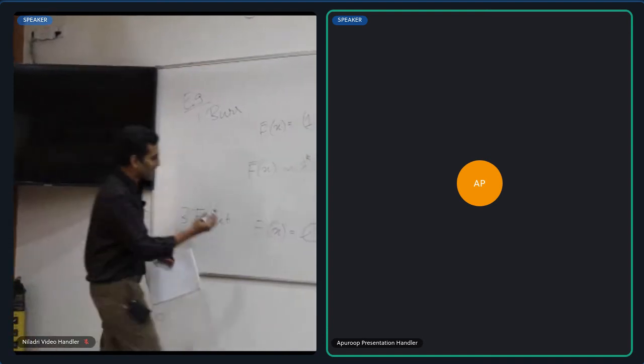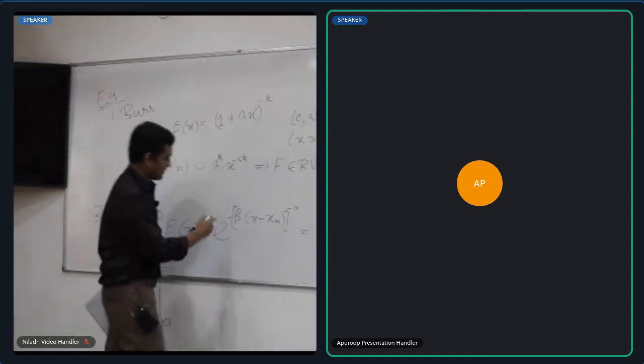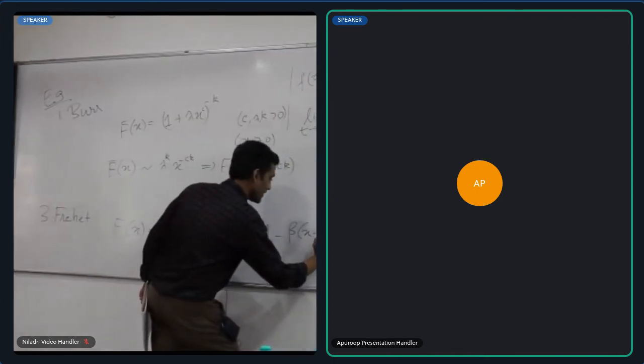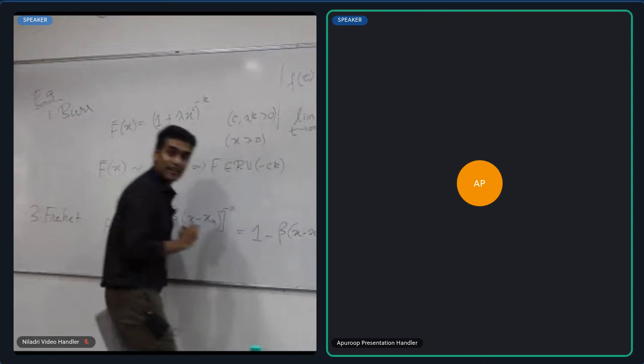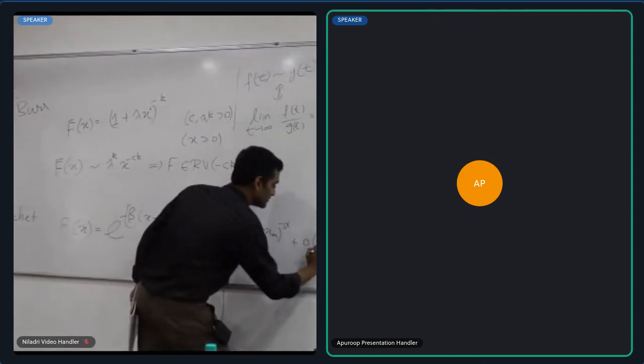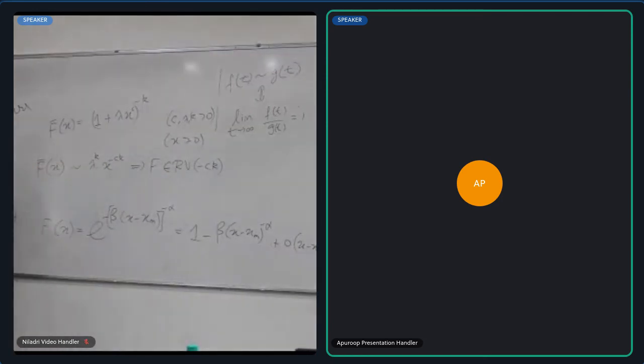Okay? So in that case, you will see that this is just 1 minus, well, beta times x minus xm raised to minus alpha plus little o of the same thing, x minus xm raised to minus alpha. Remember, x minus xm raised to minus alpha is going to 0. That's a lower order term, right?